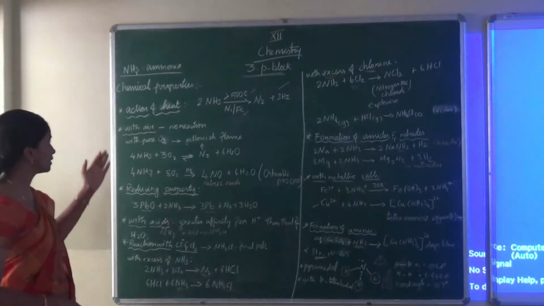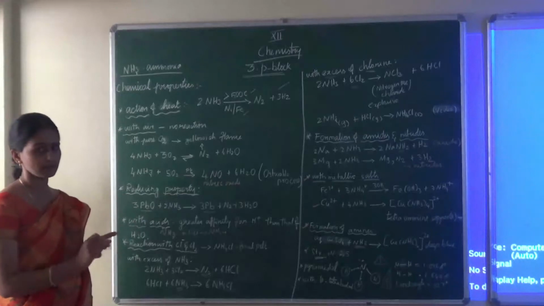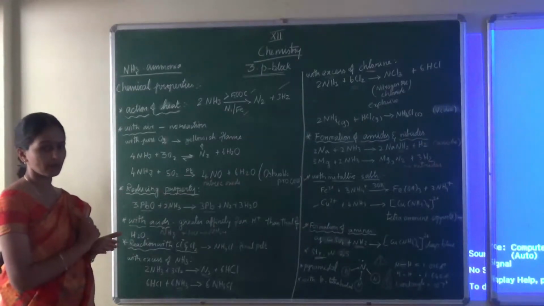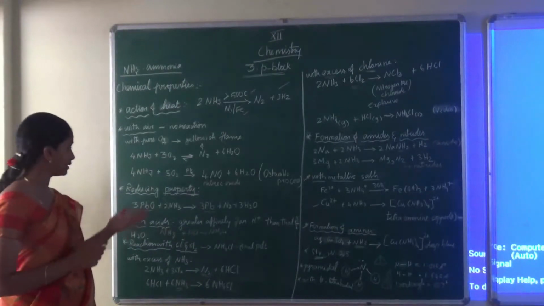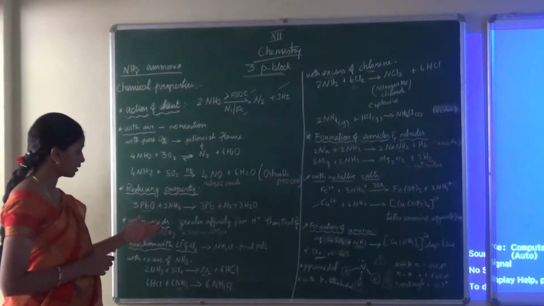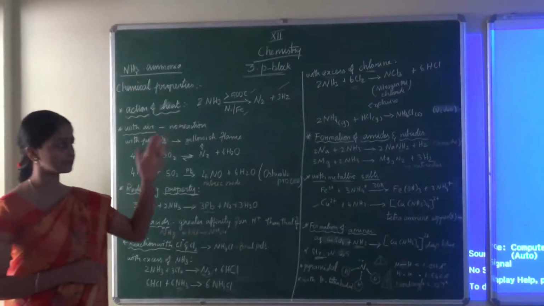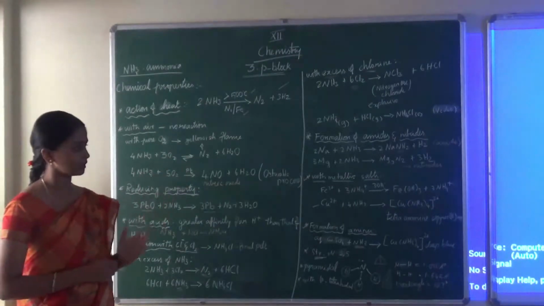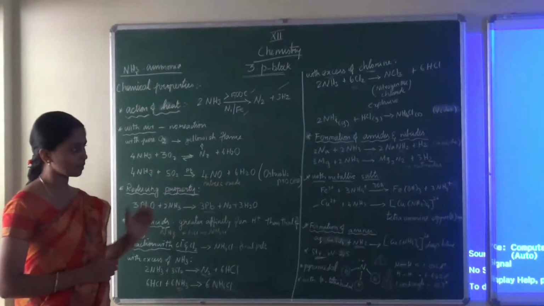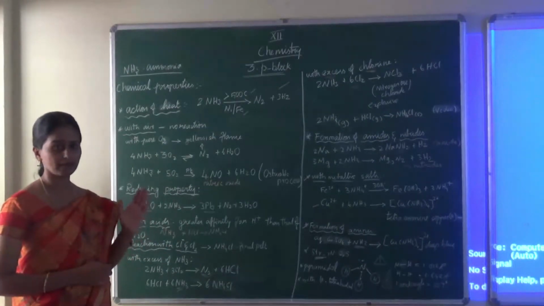You can write the side headings: what is the action of heat on ammonia, how it reacts with oxygen, with air, with chlorine and chloride, what is the reducing property, how it reacts with acid, how it reacts with sodium and magnesium and what is the product there, then reaction with metallic salts. All those things you have to repeat again and again and write.